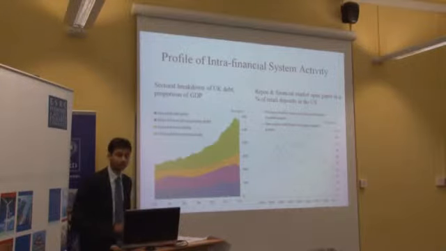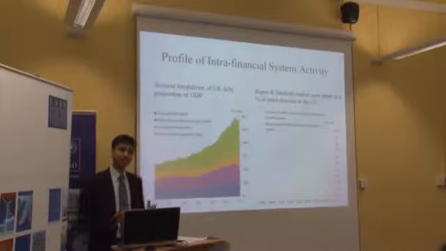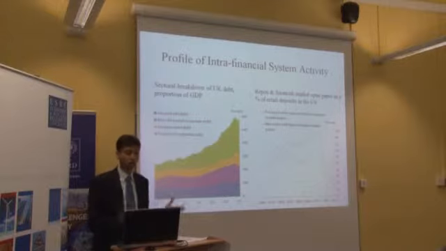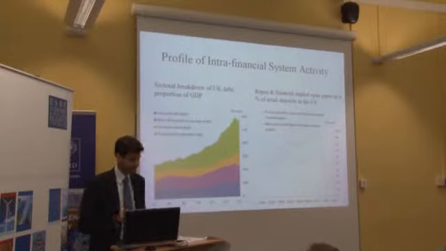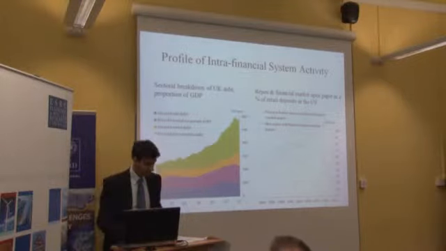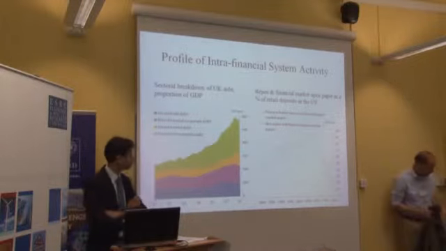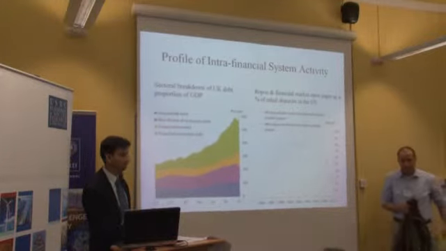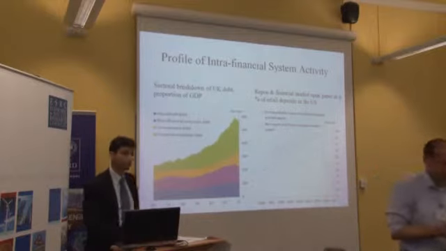Unfortunately, I don't have that picture over time. But what we can see, looking at UK and US data, is how such intra-financial system activity has evolved over a longer horizon in the aggregate. So the left-hand chart here shows a breakdown of UK debt since the late 1980s. And, as has often been talked about, household debt grew quite a bit, so did corporate debt.